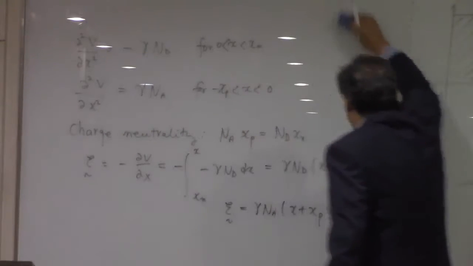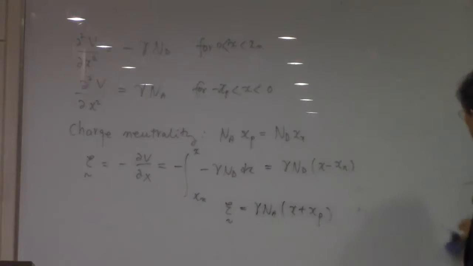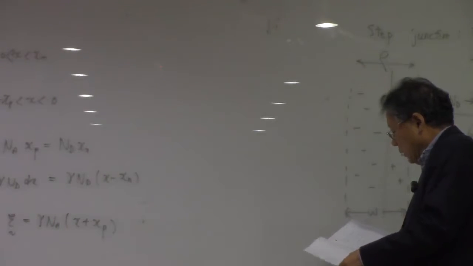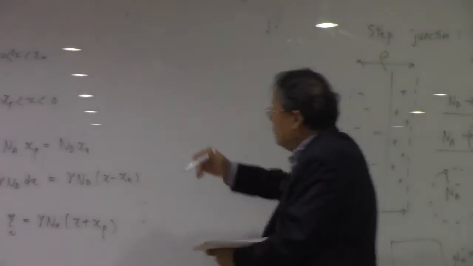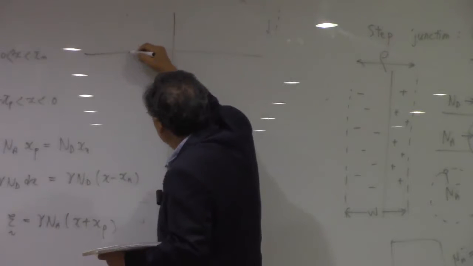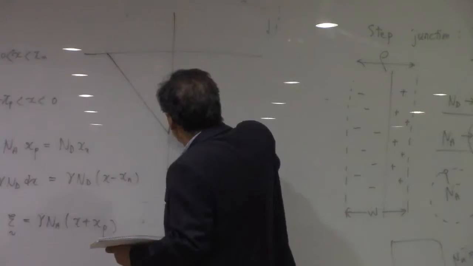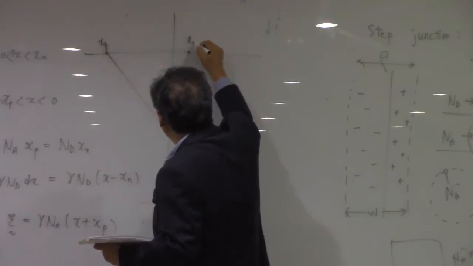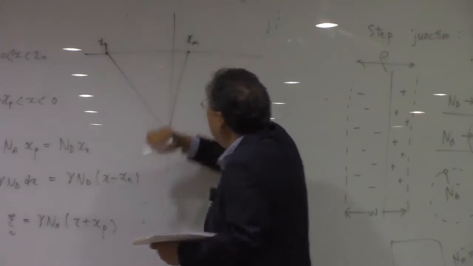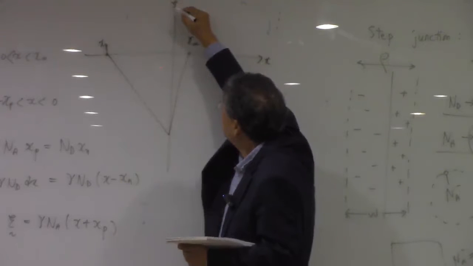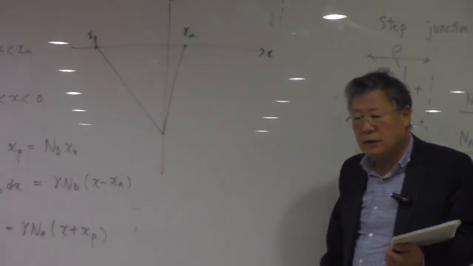So this equation just says that there is a potential for the n-type and p-type, such that this is xp and this is xn, and there is an electric field which can be seen something like this, okay?